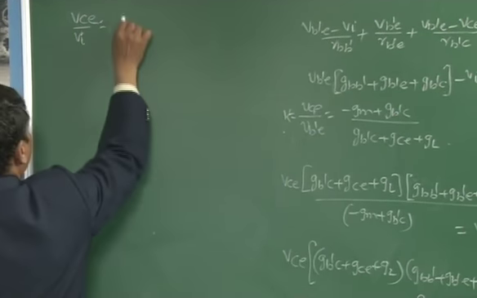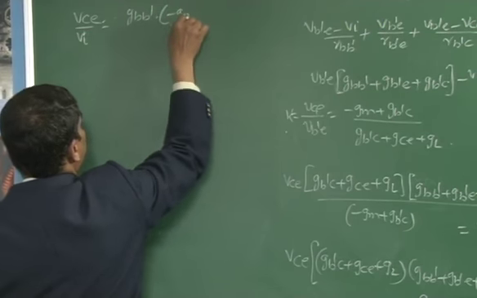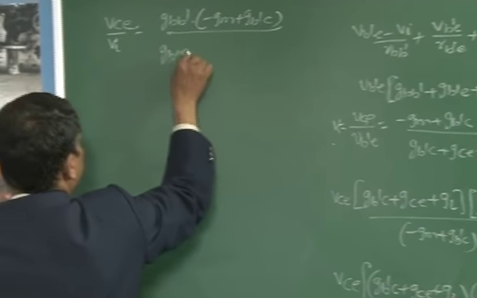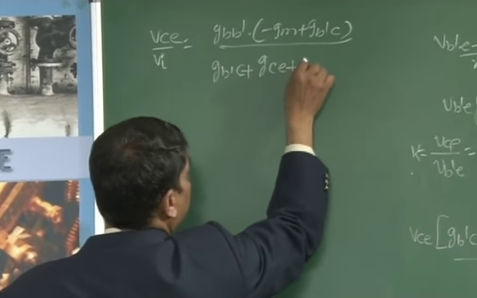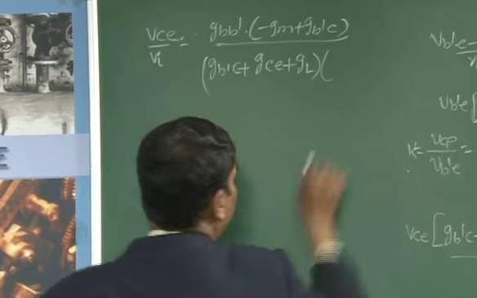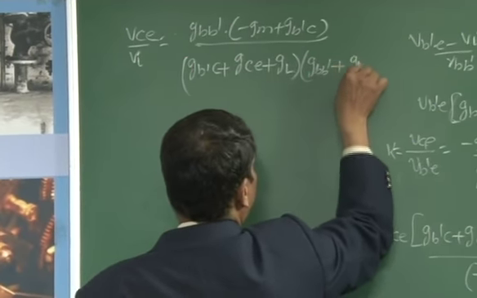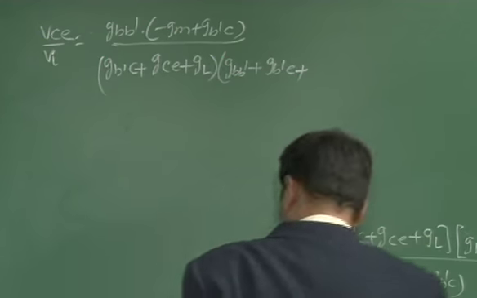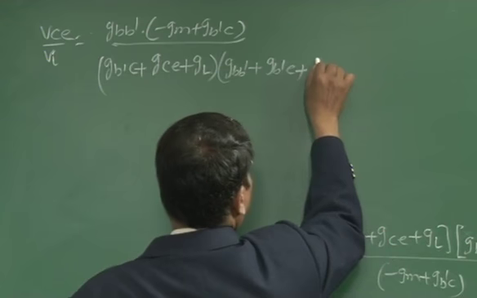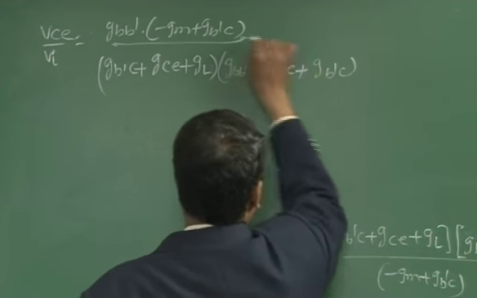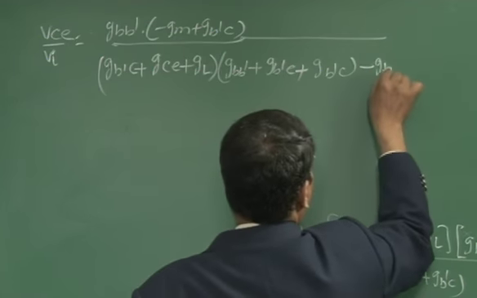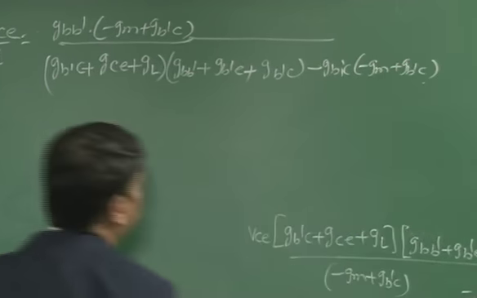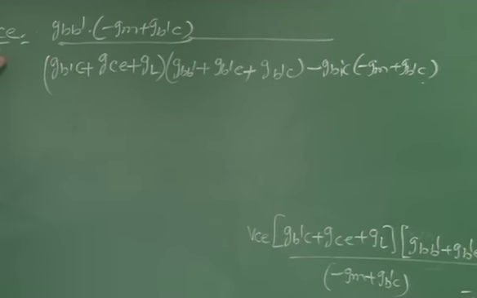Cross multiplying, you are going to get GBB dash into minus GM plus GB dash C, divided by GB dash C plus GCE plus GL into GBB dash plus GB dash E plus GB dash C, minus GB dash C into minus GM plus GB dash C. The exact expression for the voltage gain is given by this expression.